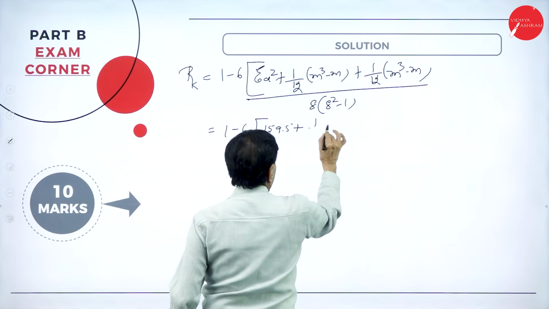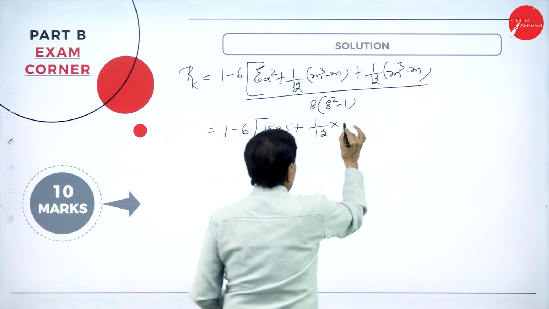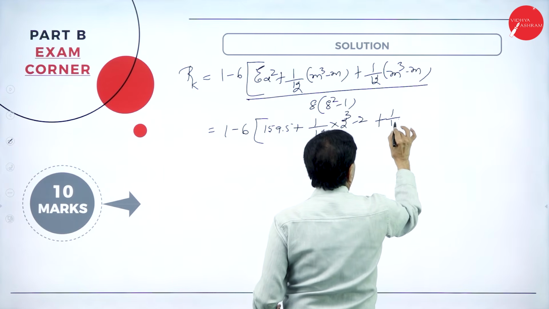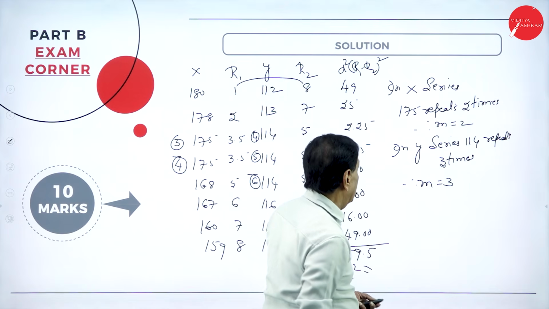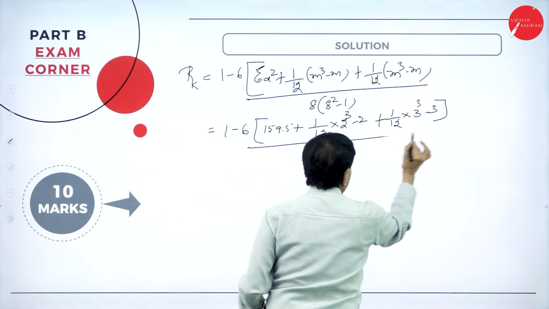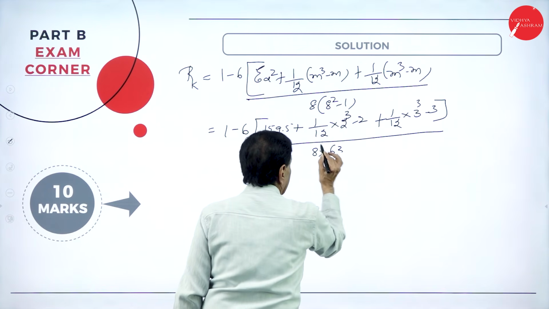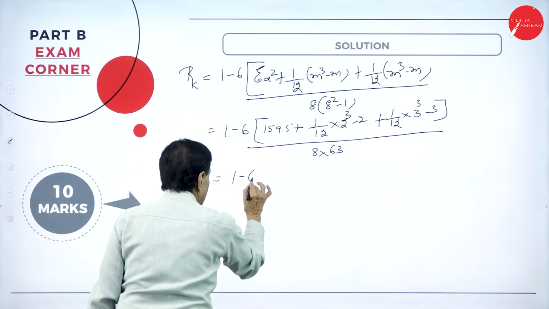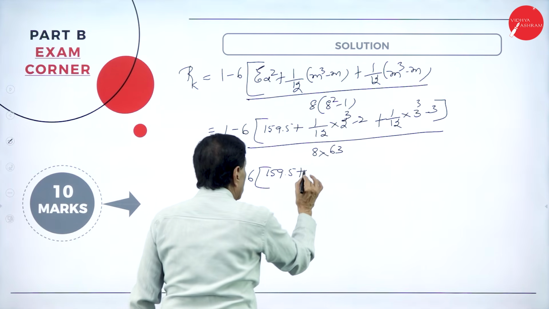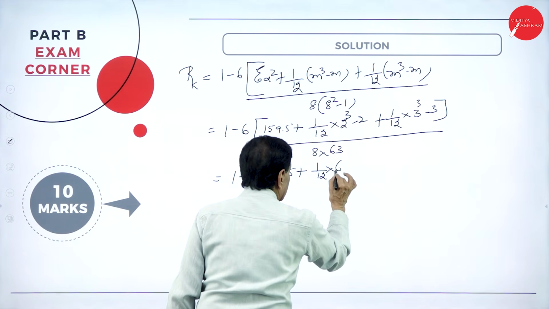Plus 1 by 12, first in X, how many times? 2 times, 2 cube minus 2, plus 1 over 12 into the second one, 3 times, 3 cube minus 3, whole divided by 8 into 8 square is 64, minus 1 is 63. So Rk is equal to 1 minus 6 into 159.5 plus 1 over 12 into 2 2s are 4, 4 2s are 8, minus 2 is 6.